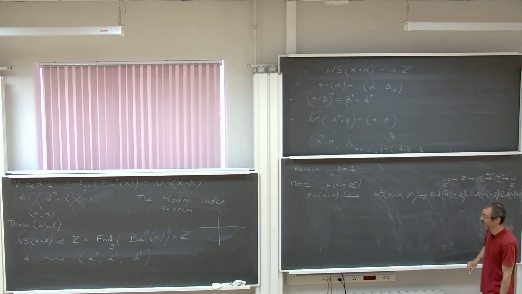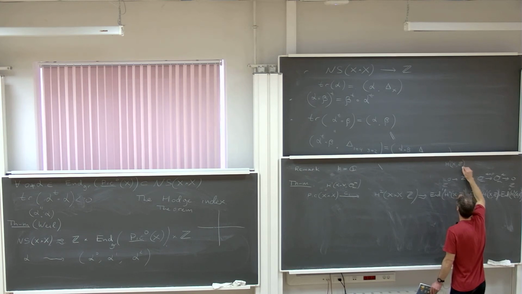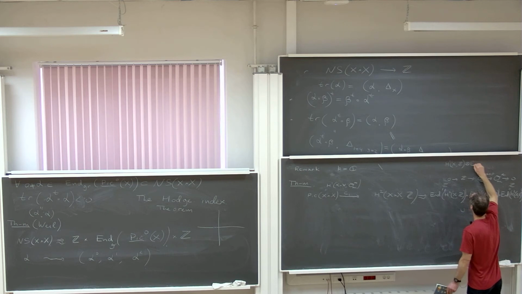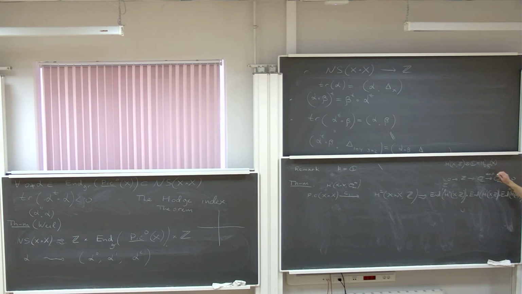Remember the most important thing: you have H1 of X tensor with Z coefficients, and if you tensor it with complex numbers, this becomes isomorphic to the de Rham homology of X, and this complex vector space comes together with a filtration given by global one forms on X. Every holomorphic map from X to X preserves this subspace.